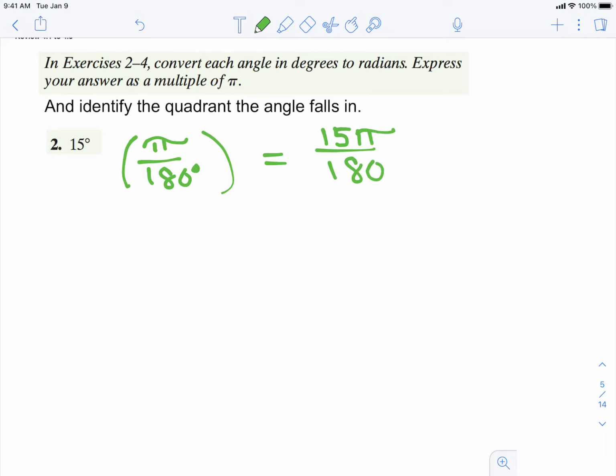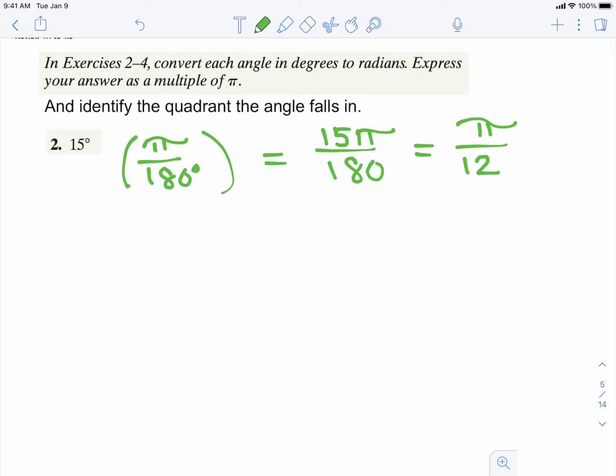And then you would try and reduce your fraction by a common factor. Well, both of them can divide by 15. So the equivalent form is pi over 12.